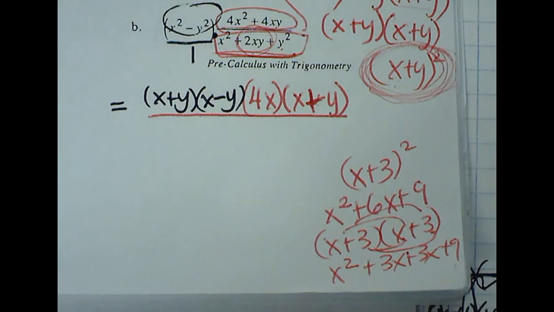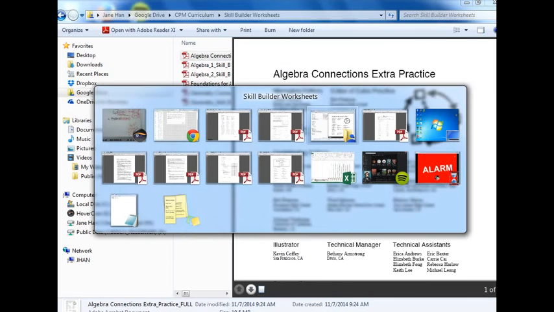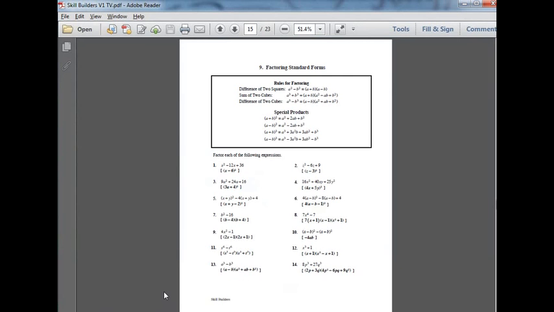Right here. You know what? This was not in the packet. I was lying. Just kidding. But I did send it to you guys on Schoology.